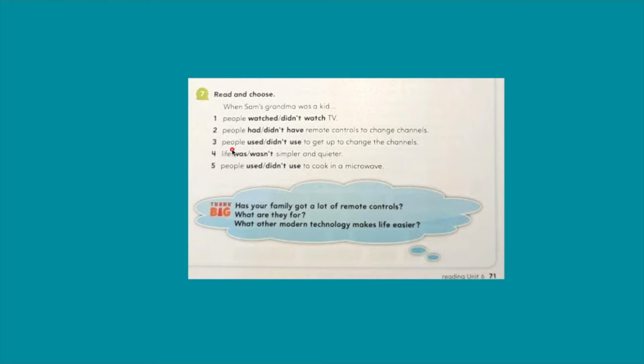People used to get up to change the channels. Life was simpler and quieter. And people didn't use to cook in a microwave.